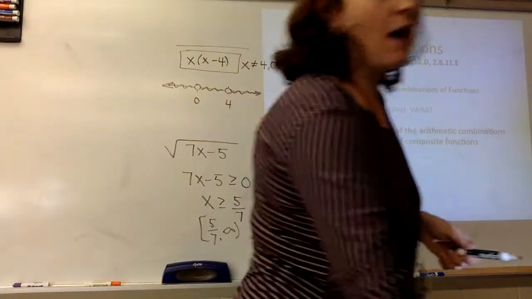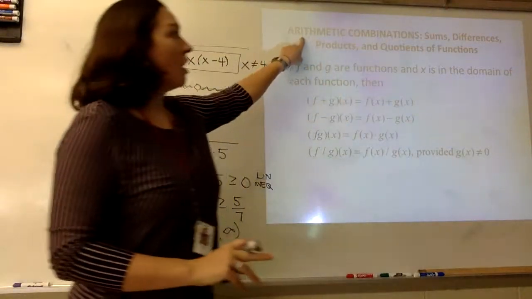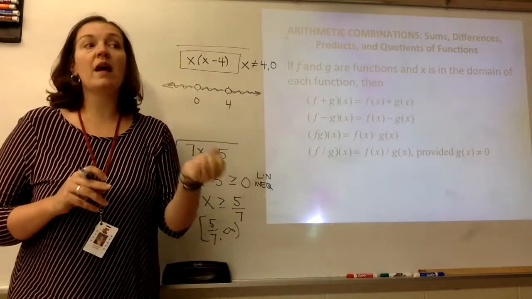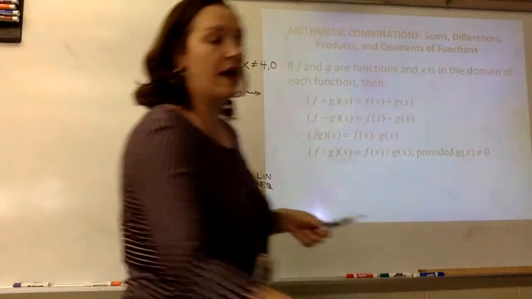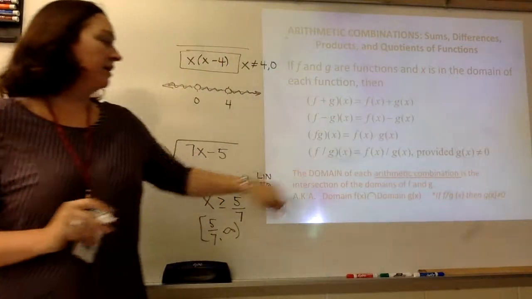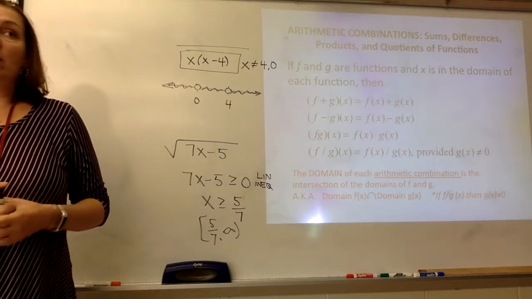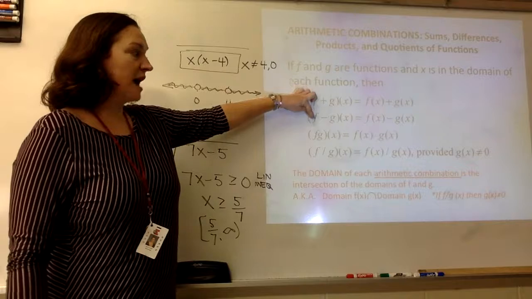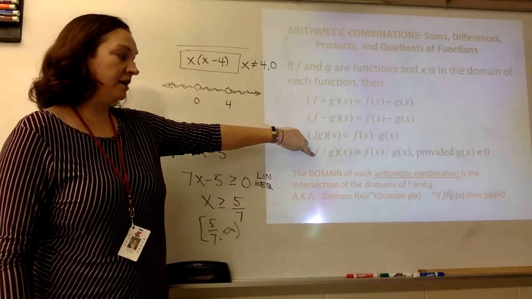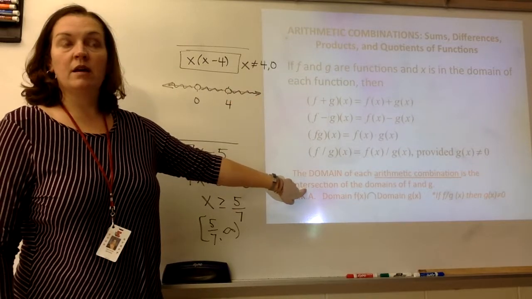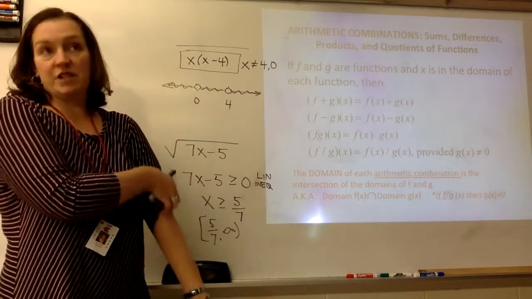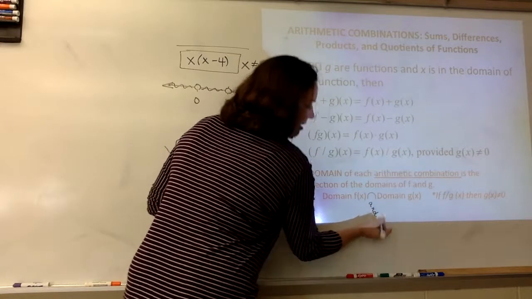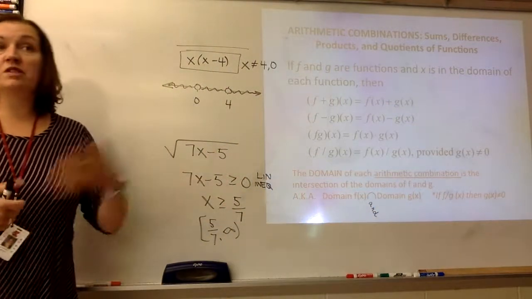We are just going to now apply them to our arithmetic combinations. Now there are 2 separate rules. So if you want to pull out a highlighter, I'm going to bring them up in red down here. The domain of each arithmetic combination, so that's the adding, subtracting, multiplying, and dividing, is going to be the intersection or the 'and' of the domain of one with the domain of the other.